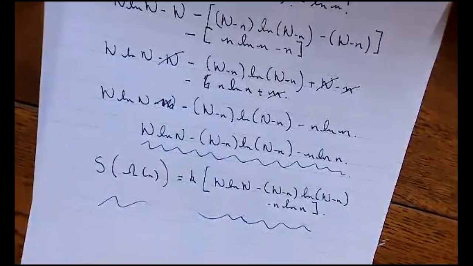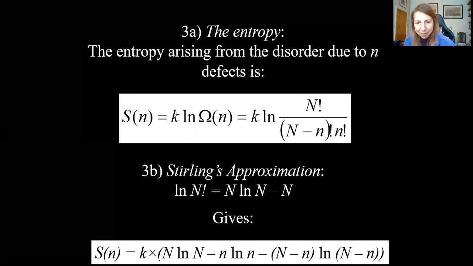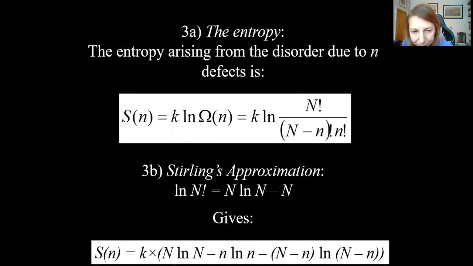There we go. So here is our expression for our entropy. S of little n is this expression here that we've just arrived at.